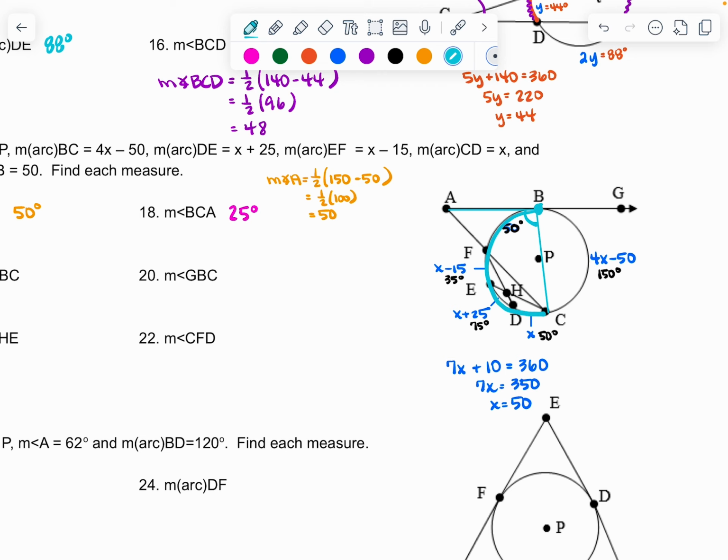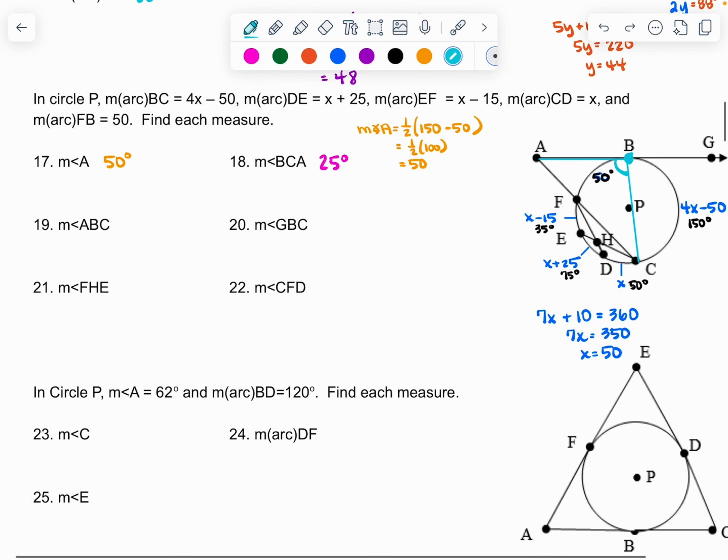And we know what all those are: 50 plus 35 plus 75 plus the little 50 at the bottom. All of that adds up to 210. I also know that because I could just subtract 150 from 360. This whole arc is 210, and angle ABC is going to be half of that. So that gives us 105 for that angle.